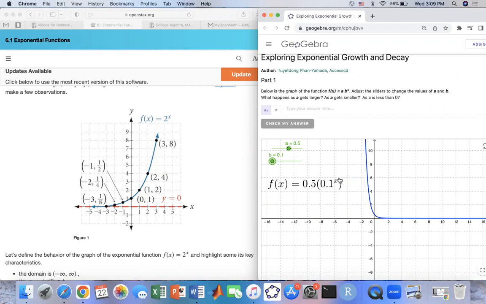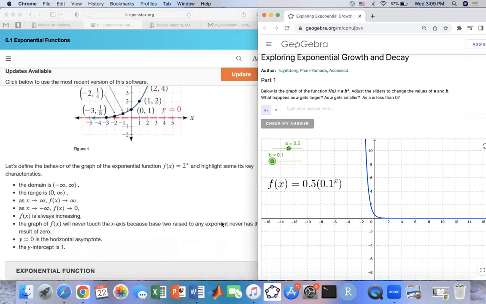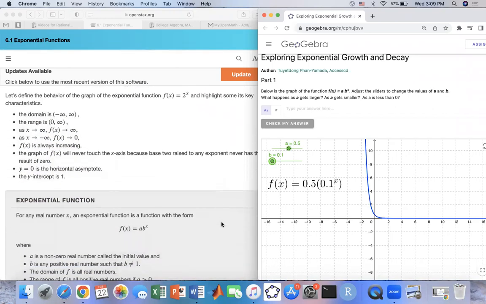Nobody knows, so that's why we don't have that. You can go anywhere smaller, but you cannot go to 0, and you cannot go negative. If b is negative, then a negative number to a power will jump back and forth, so your function is not continuous anymore.